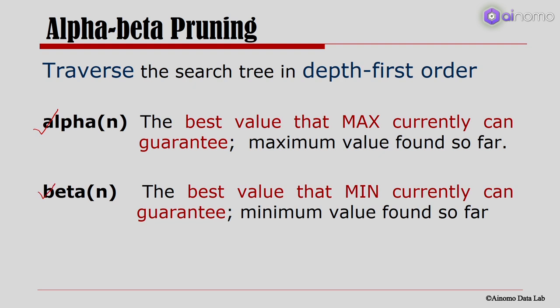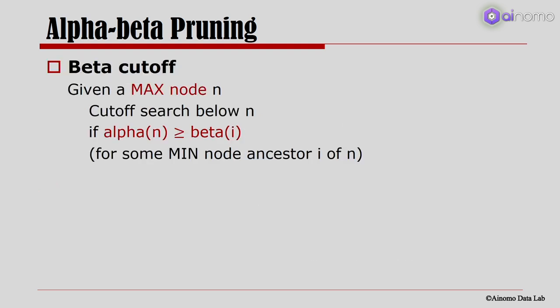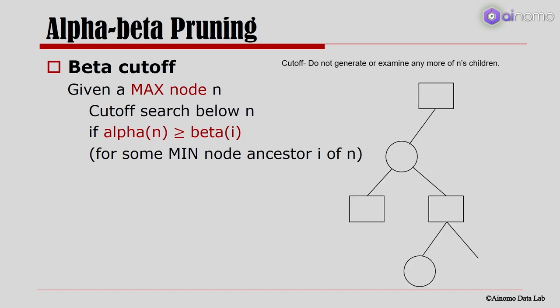Now having defined alpha and beta, let us see when we cut out branches of a tree, which is called an alpha cutoff and which is called a beta cutoff. In order to define beta cutoff, let's take a sample tree.